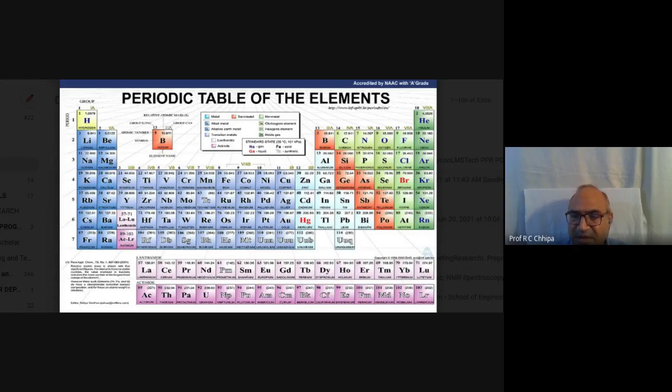Water, H2O. The chemical symbol is H2O. So in the case of water, there are two hydrogen and one oxygen.